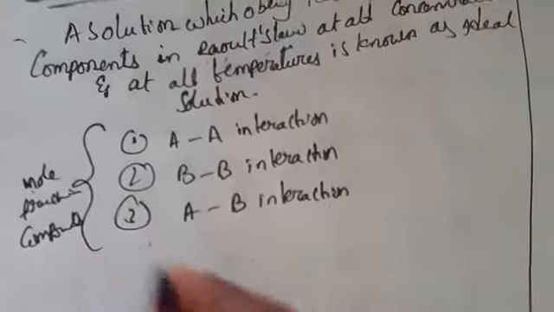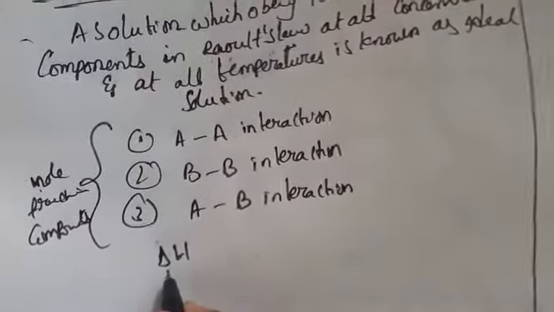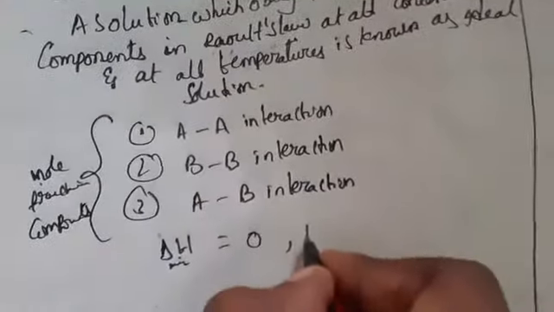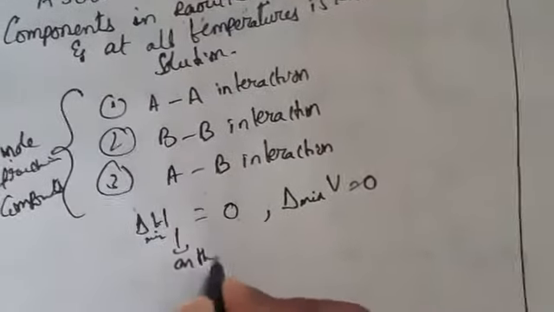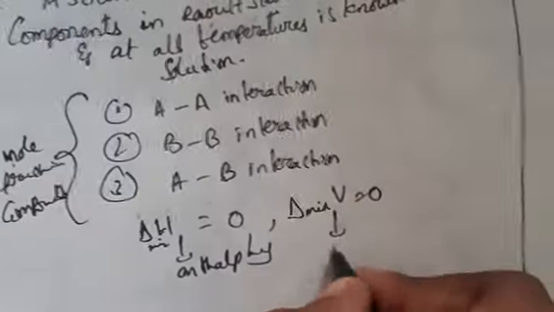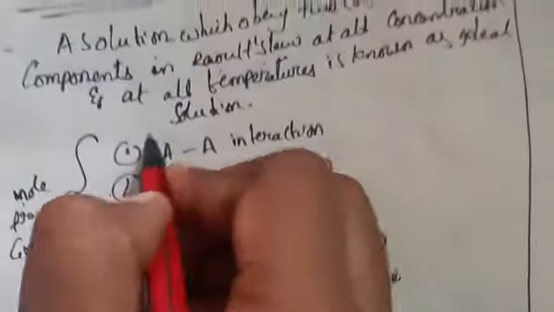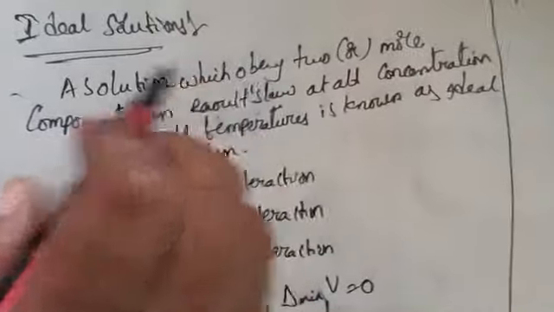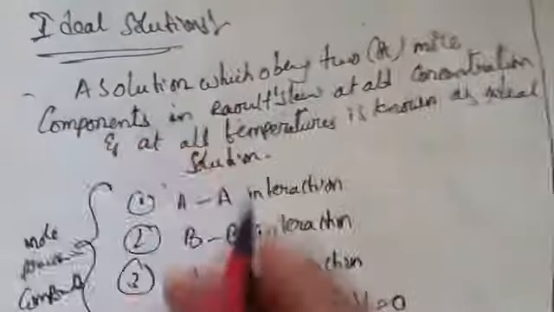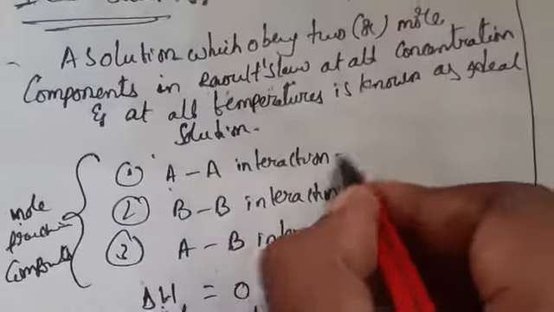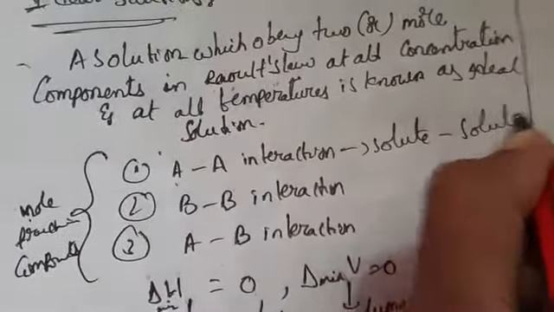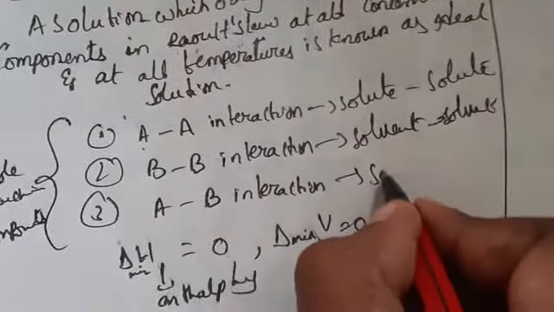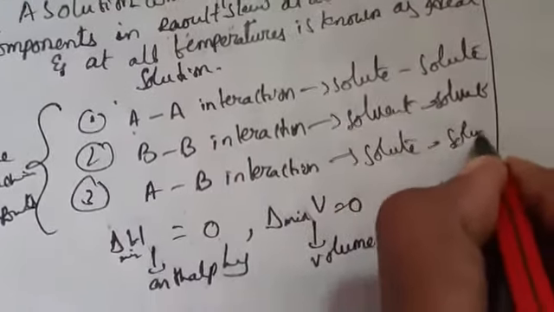And we have delta mix H equals 0, delta mix V equals 0. H is enthalpy, V is volume. Now the AA components, as I said in the definition, a solution which obeys Raoult's law with two or more components. I'm taking two components, this one is the solute component and this one is the solvent component.